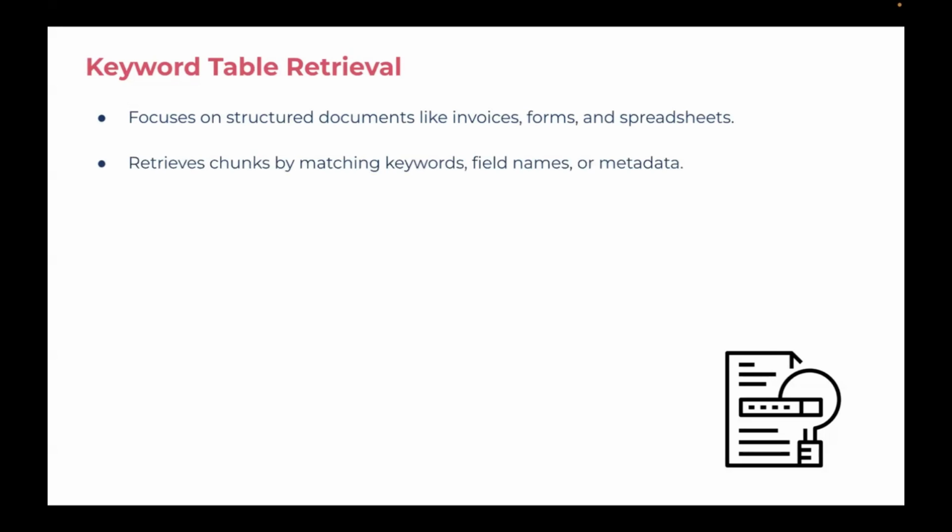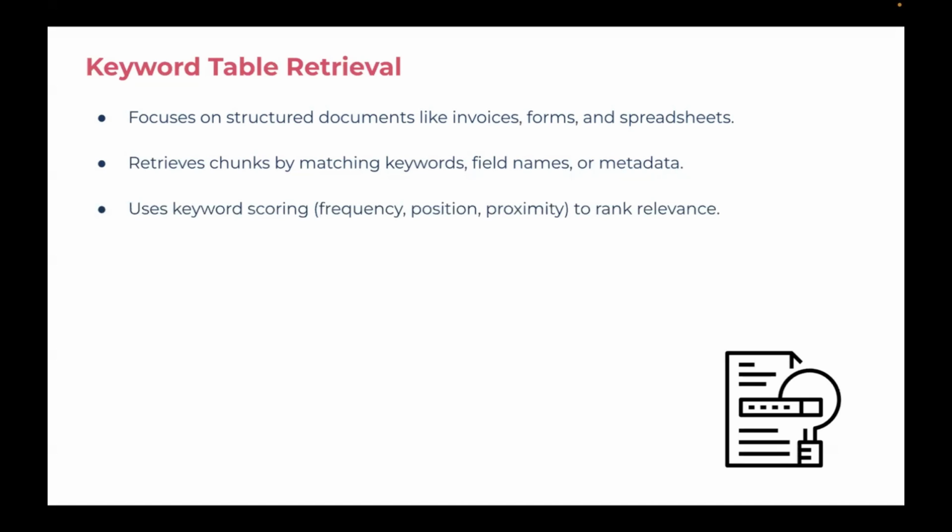So if you have a specific keyword in the query, it would search for that in tables or in other structured content, and then retrieve it based on how many times a keyword appears in a particular chunk, their position, their proximity to relevant tables. Depending on all these different factors, it would be able to rank the chunks that are most relevant for that particular query and then retrieve the data from that particular chunk.